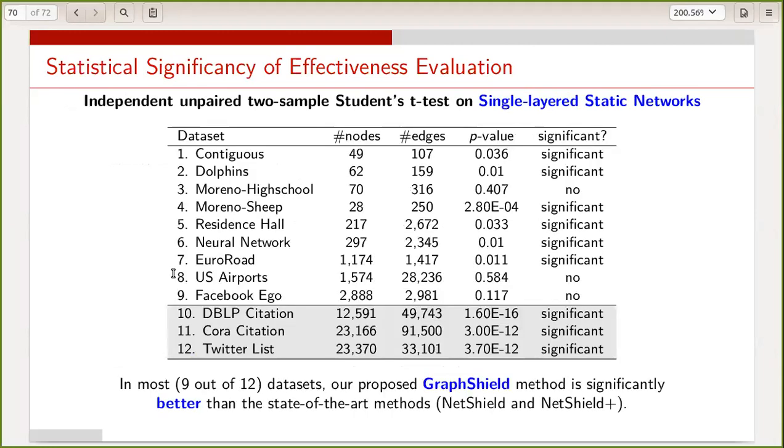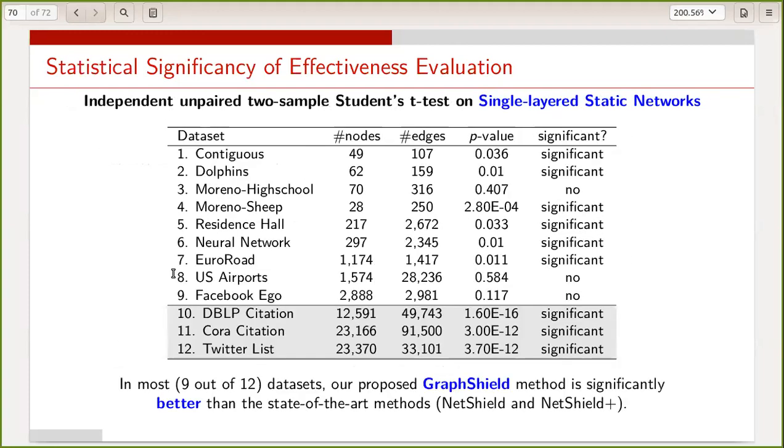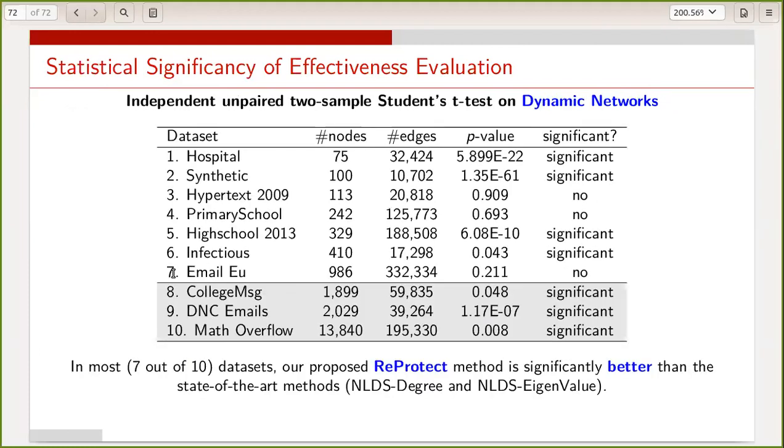In most cases our proposal is significantly better than the state of the art in the single layer static network, the multiplex network, or even the dynamic network.